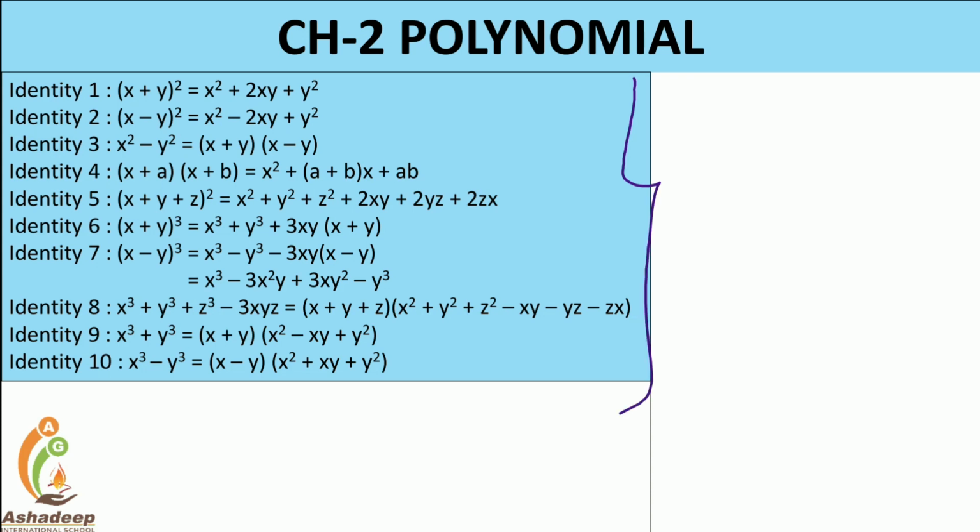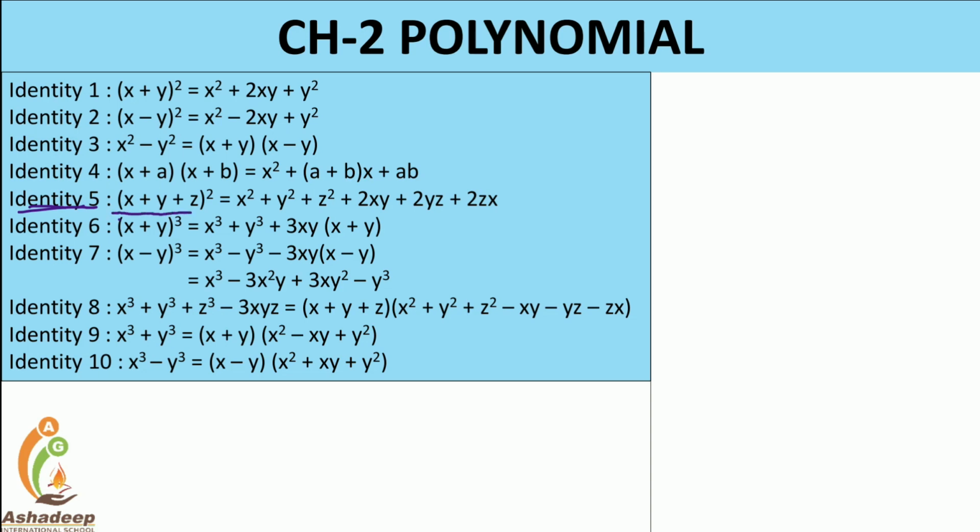If you know the identities, then and only then you will be able to solve this sum. So these are the basic identities that we know: x plus y whole square, x minus y whole square, x square minus y square. These are the basic identities that we already did in standard 8. This identity will start from the 9th.